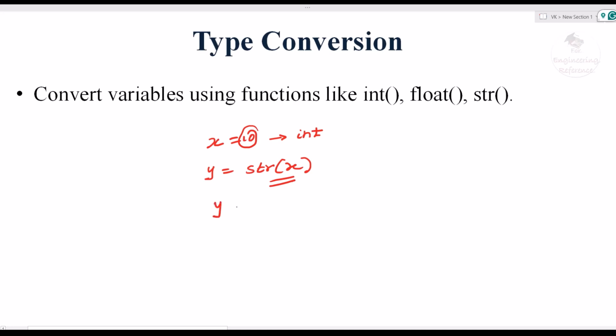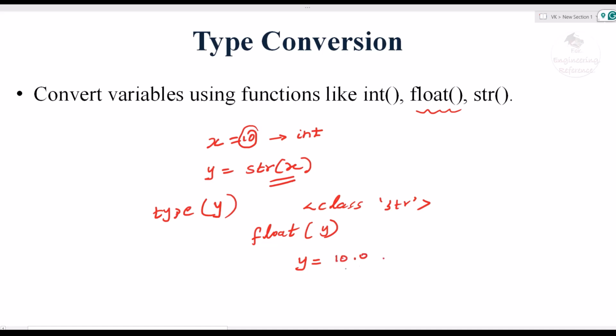Now if we look into the type of y, this will return class str, a string variable. Again, I want to convert this string value. You can use float. For example, if we use float of y, then y, which is 10, becomes a floating value, right? So 10.0, like that. So like this we can convert one type of variable into another type.